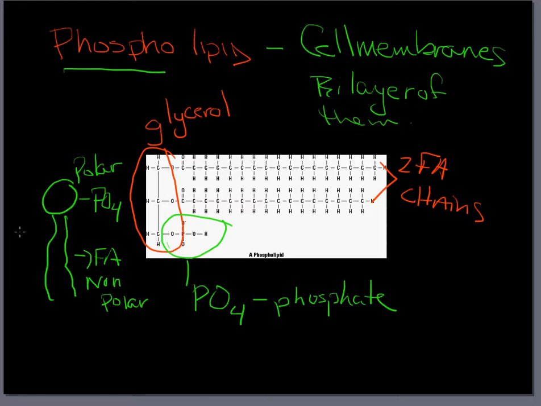So if they sit in the bilayer, that's what they would look like. So the 2 nonpolar regions are facing each other, and the 2 polar regions are opposite ends.